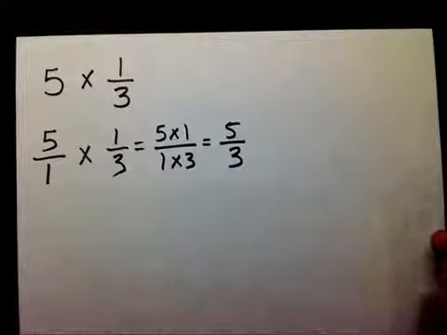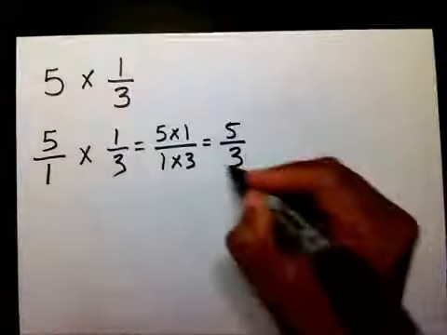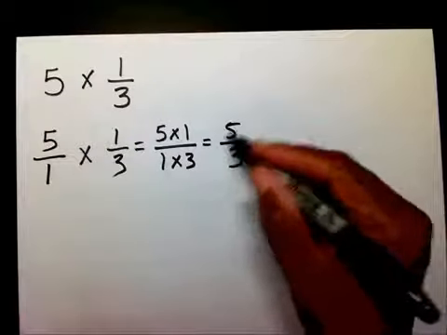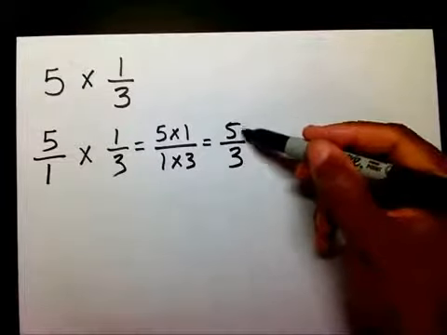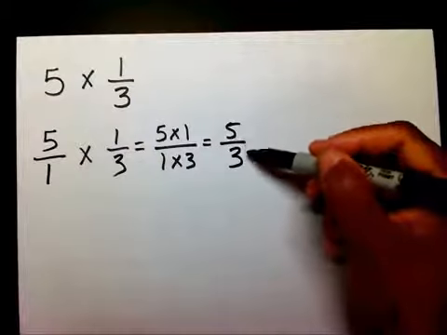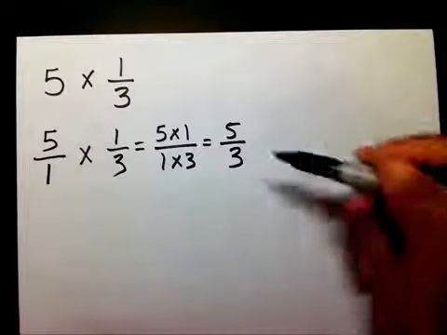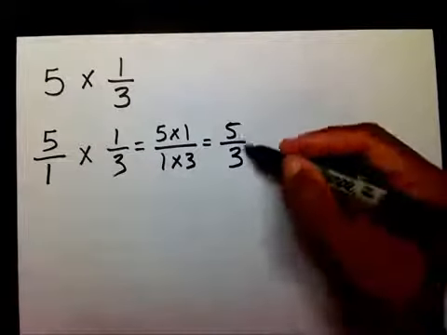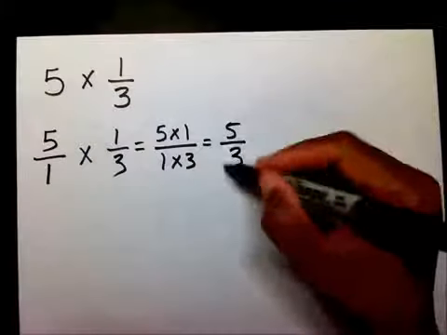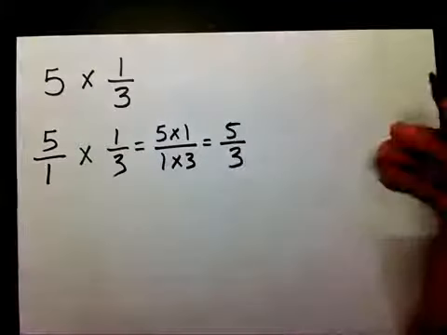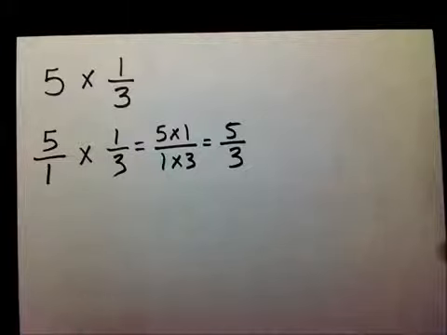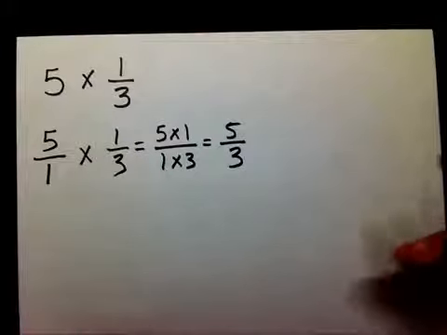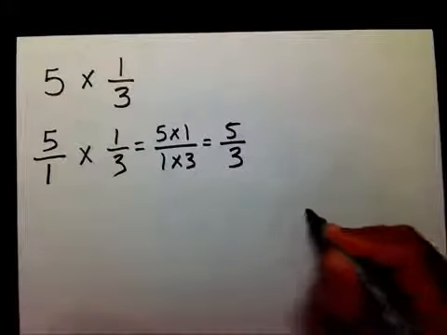I need to change this improper fraction. The reason it's improper is because the numerator is larger than the denominator. Please watch the video on changing improper fractions into mixed numbers, and I also have a video on mixed numbers into improper fractions. So we want to take 5 divided by 3.